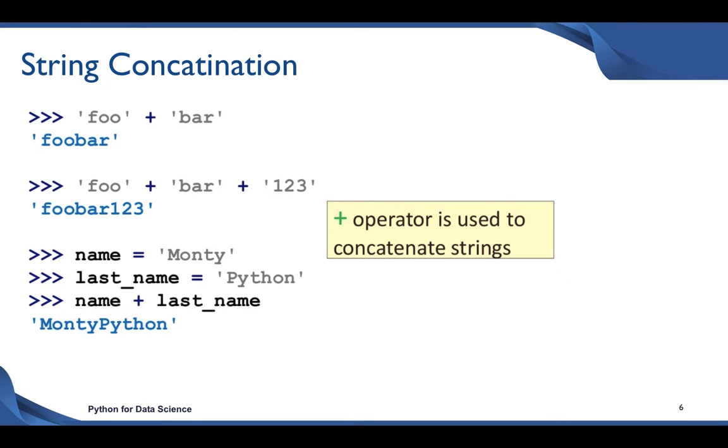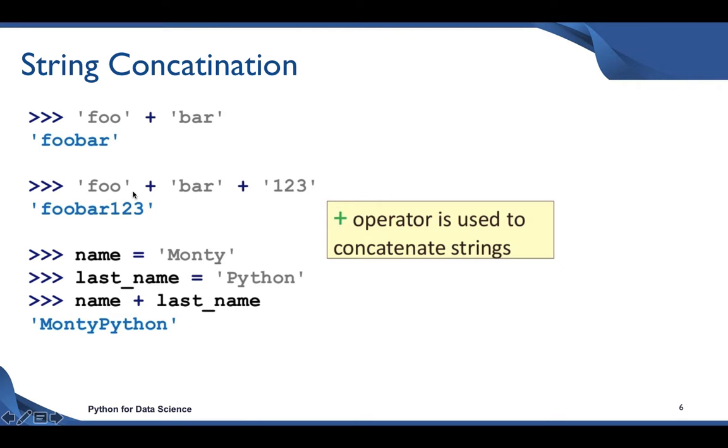The plus operator is used to concatenate strings. For example, on this screen you can see there is a foo which is enclosed in a string, and bar is also enclosed in a string. So strings can only be concatenated with a string, right? So if we have a number or an integer and we want to add it to our string value, that could be done by either of two methods. Either you typecast it, or you simply put quotes around that value to make it a string, right?